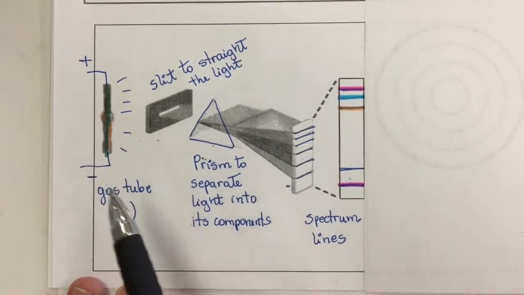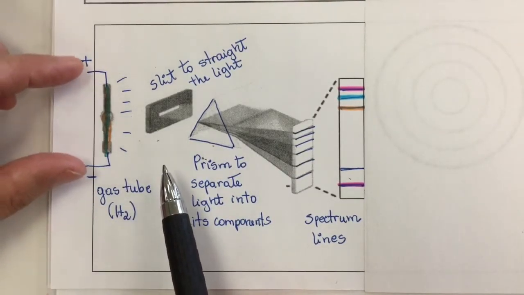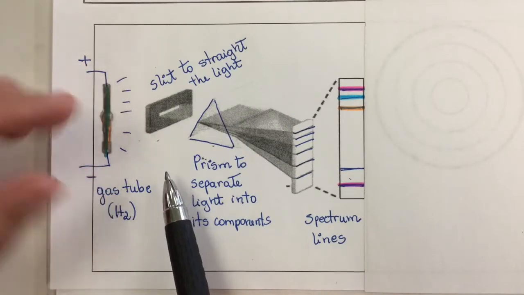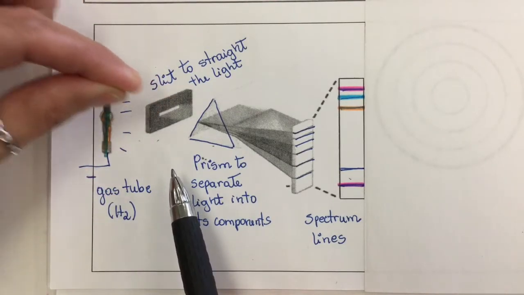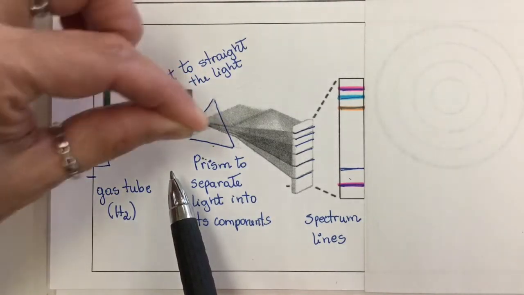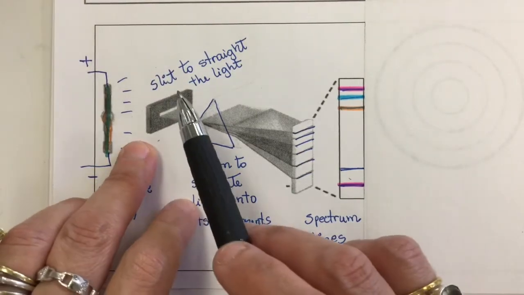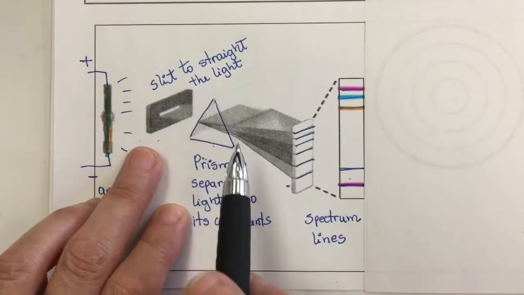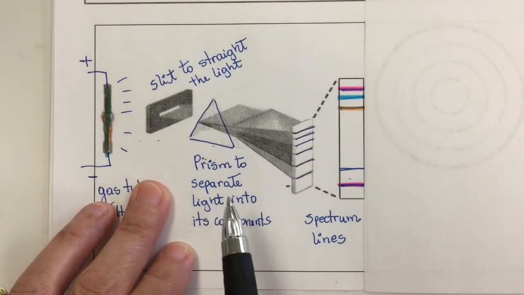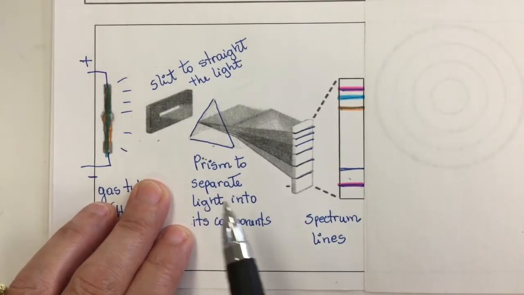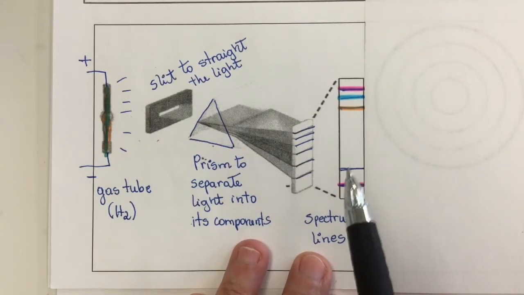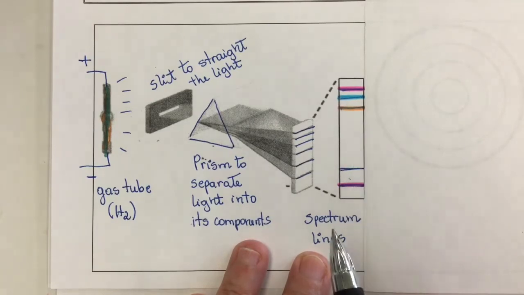So what he did is he connected this gas tube to a high voltage and, to filter the light into one single ray, he used a slit to straighten this line. This line passed through a prism, and the prism separates all the light into its components, and then we can see all those lines that he called spectrum lines.